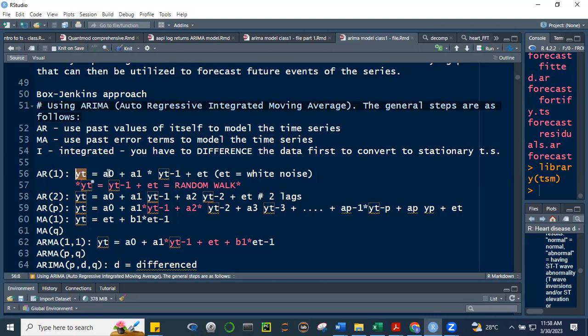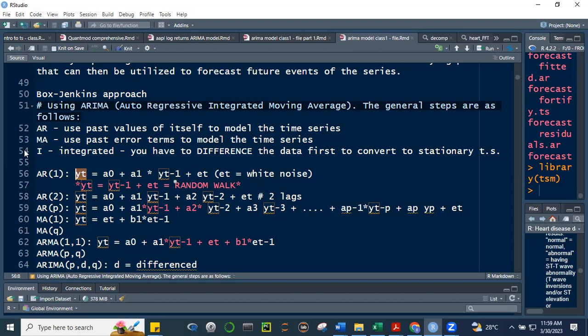So we have here the intercept a sub 0 plus a sub 1 times the lag 1 value and then plus an error term. Now, ganun din si AR2. You have the intercept plus A1 times y sub t minus 1 plus A2 times y sub t minus 2 plus a certain error term. Okay? Any questions, class? Clear ba yung AR1, AR2?